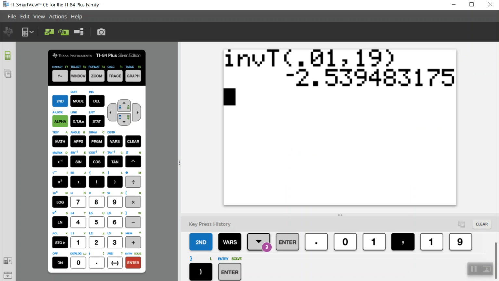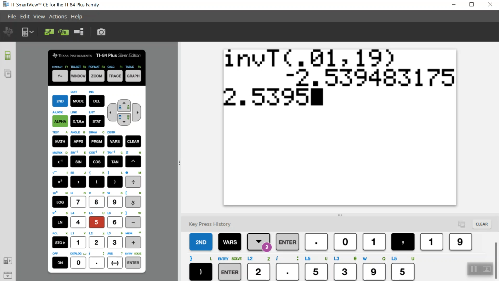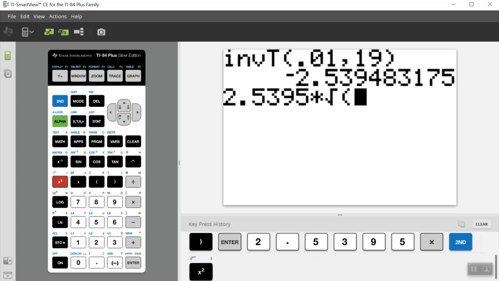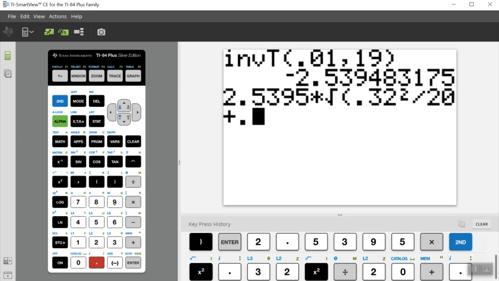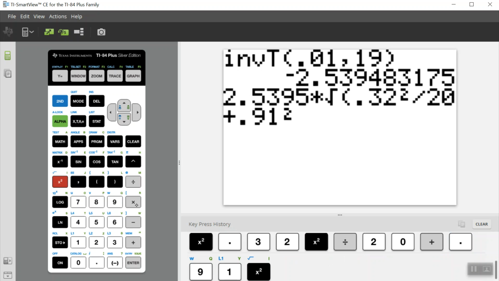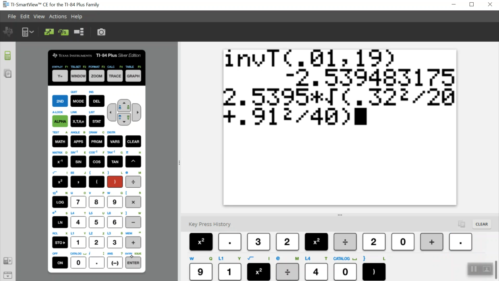So I want to take 2.5395 times the square root, and you do want to capture all this stuff underneath the square root: 0.32 squared divided by 20 plus 0.91 squared divided by 40, and then close parentheses to end that square root.